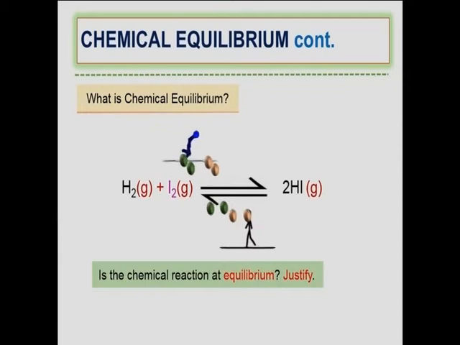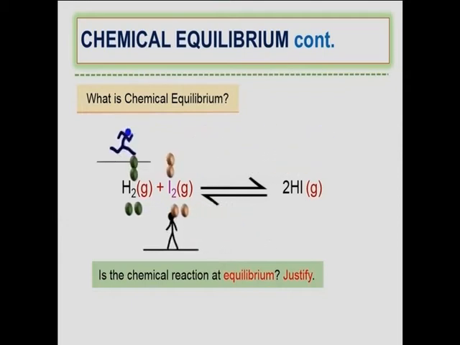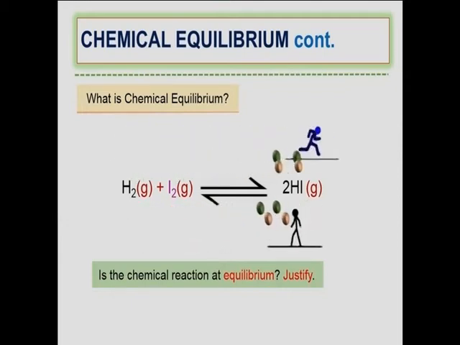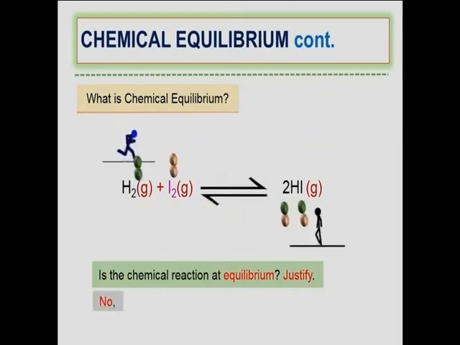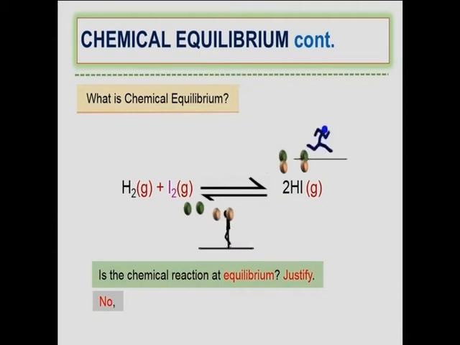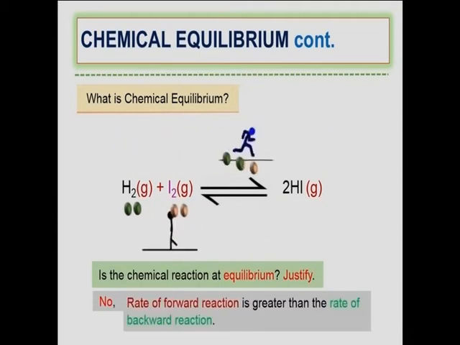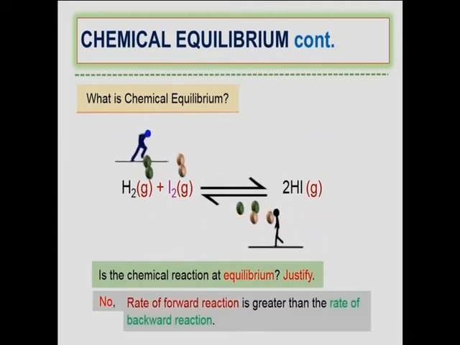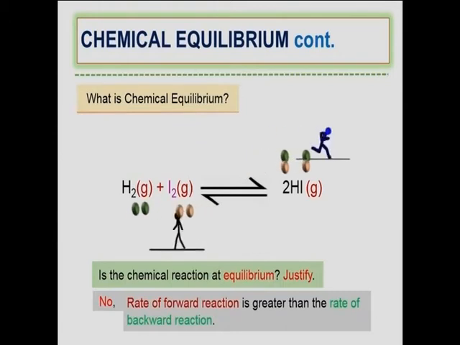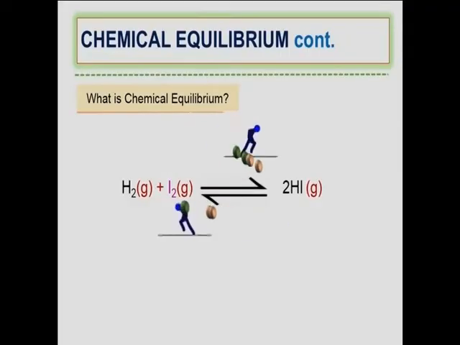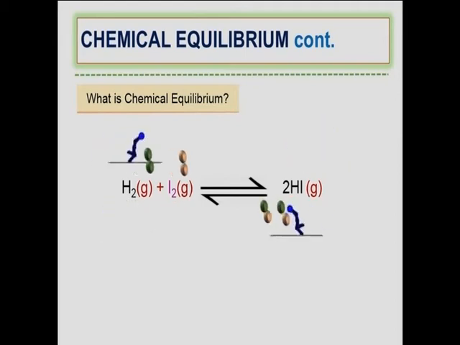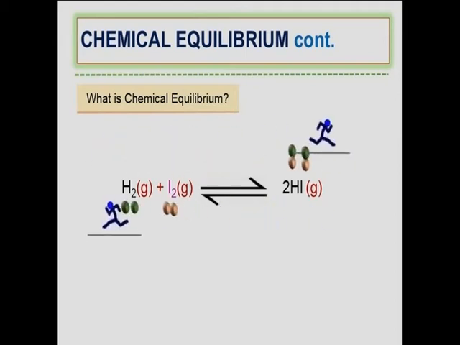So is the chemical reaction at equilibrium? No, it is not at equilibrium, because the rate of forward reaction is greater than the rate of backward reaction. Now again, let's look at the same equation. There is a forward reaction taking place as well as the backward reaction.